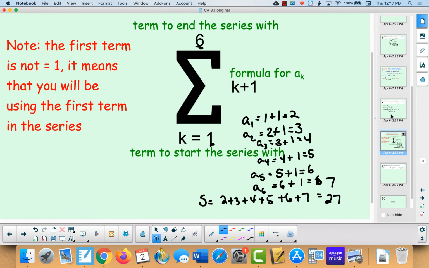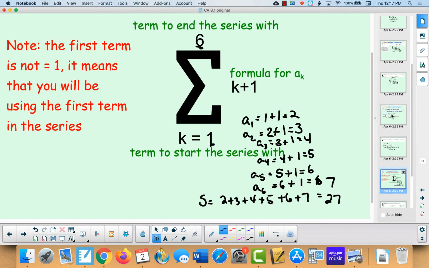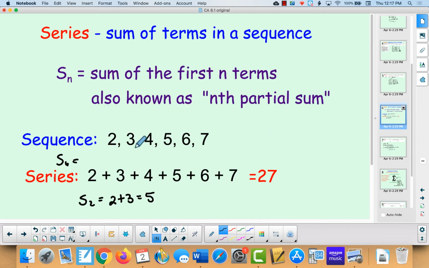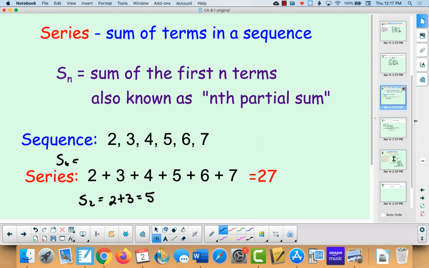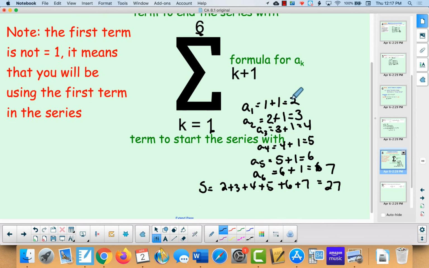This is the same as the original series that we started with when I introduced what a series was. Here, it's that same sequence, but they didn't give it to us as a list of numbers. They gave it to us in summation notation, and we had to figure out what those numbers were and then add them together.